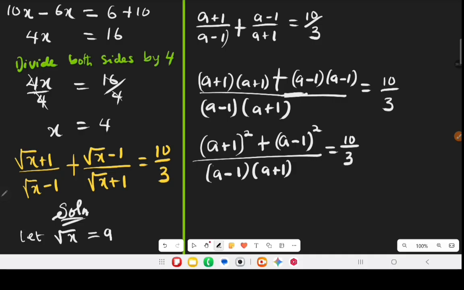Now we want to apply algebraic identity. In algebraic identity, whenever we have, for instance, a minus b into a plus b is equal to difference of two squared, which is a squared minus b squared. And we have another algebraic identity where we have a plus b all squared will give us a squared plus 2ab plus b squared.